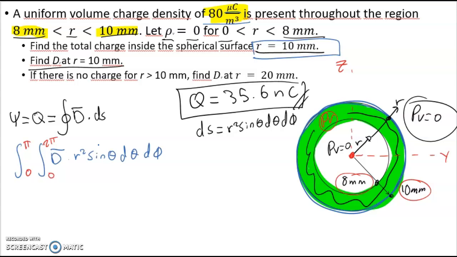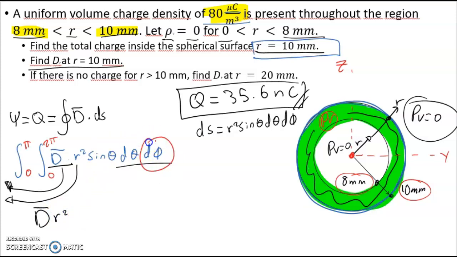So we'll start solving this equation. D can go out of the integral and the radius as well, since we don't have any differential radius. That means D radius squared, and the integration of d phi from 0 to 2 pi is phi from 0 to 2 pi.